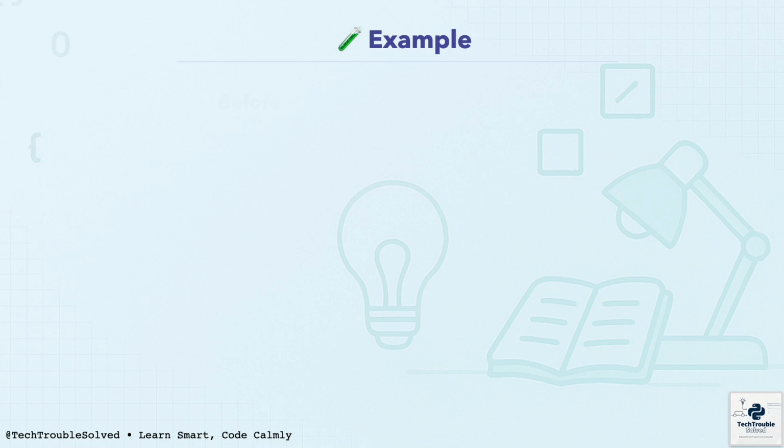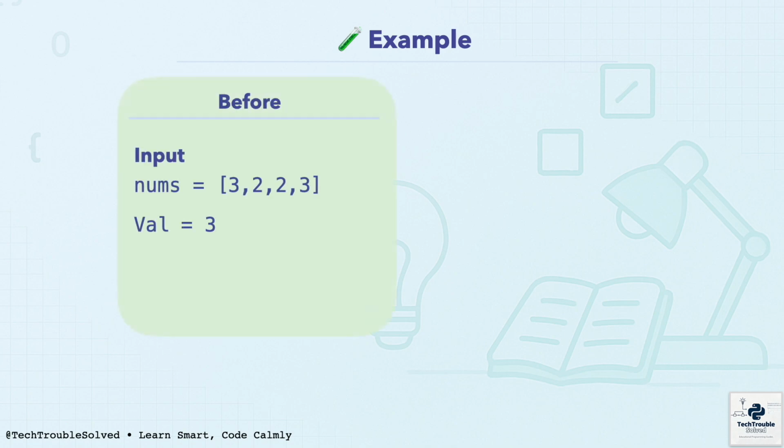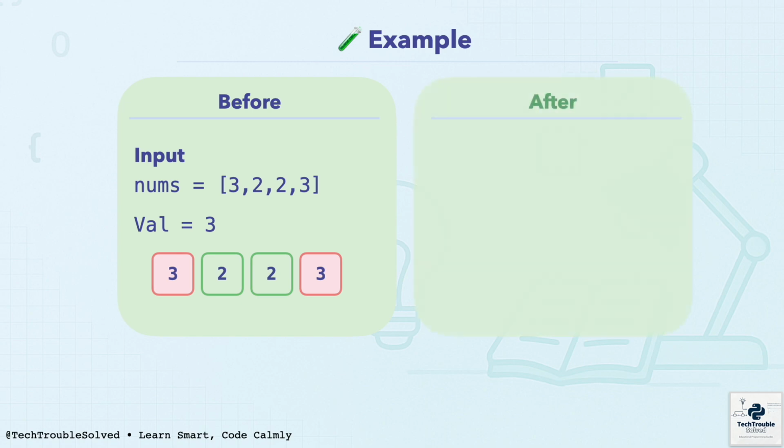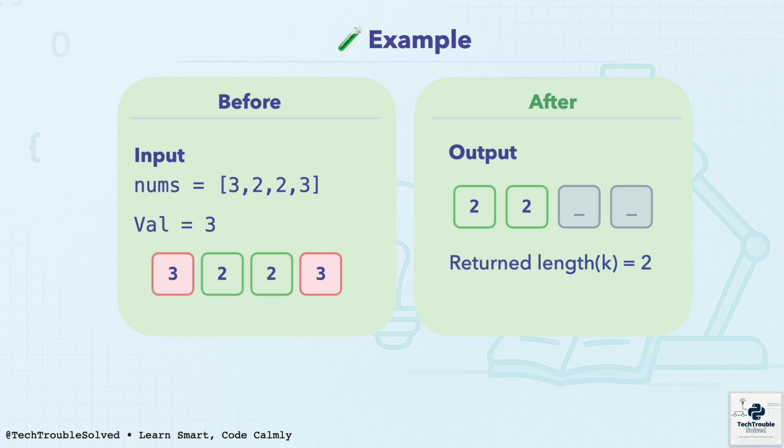Suppose the array is 3, 2, 2, 3 and the value we want to remove is 3. After removing all occurrences of 3, the remaining elements are 2 and 2. So the new length of the array is 2. We return 2, not the array.